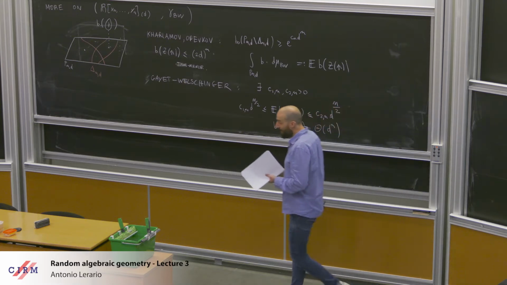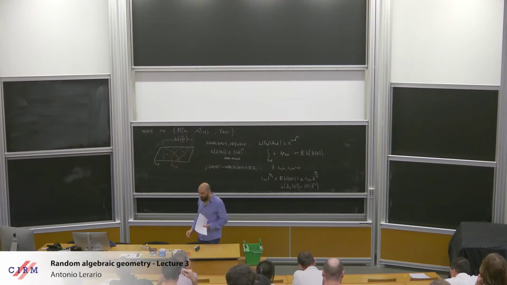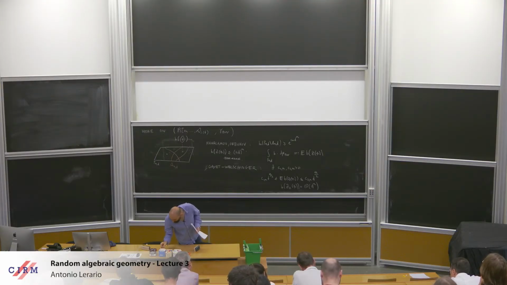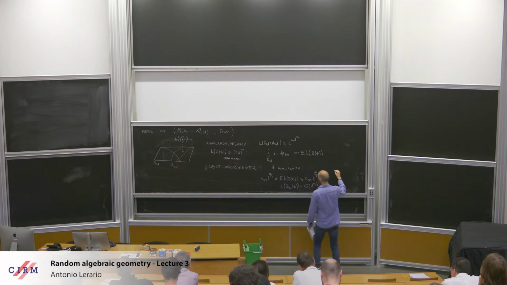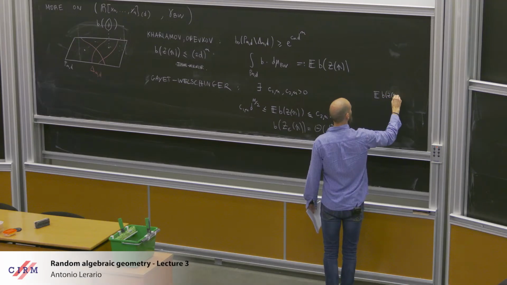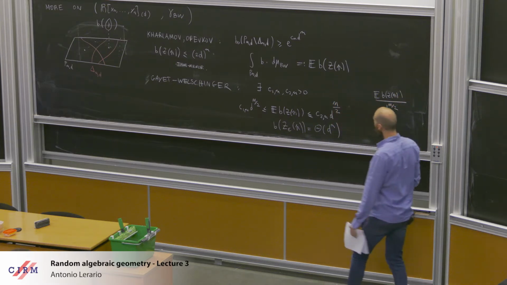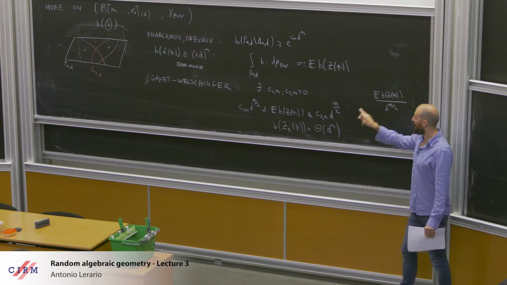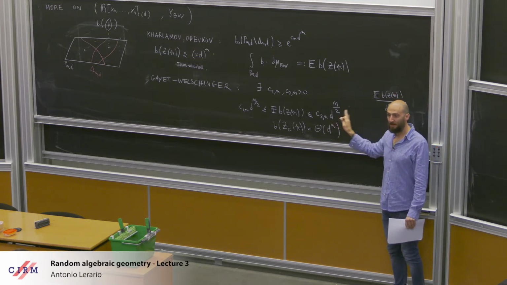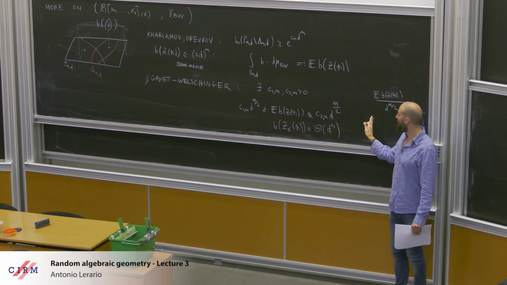It's not clear whether, if you take the expectation of the sum of the Betti numbers and divide by d to the n over 2, this sequence is bounded by this result, but it's not clear whether it converges. So that's an open question.